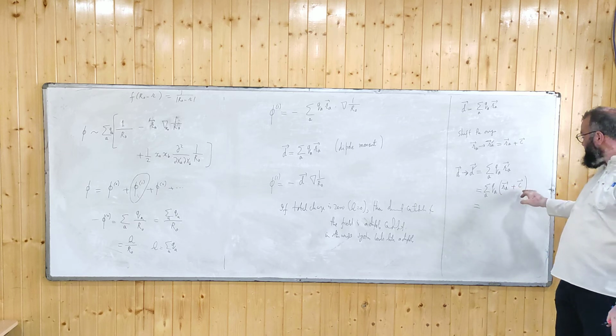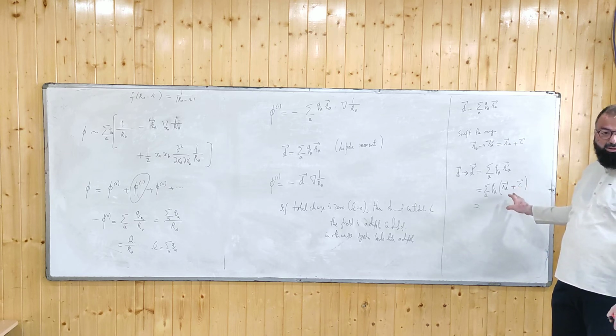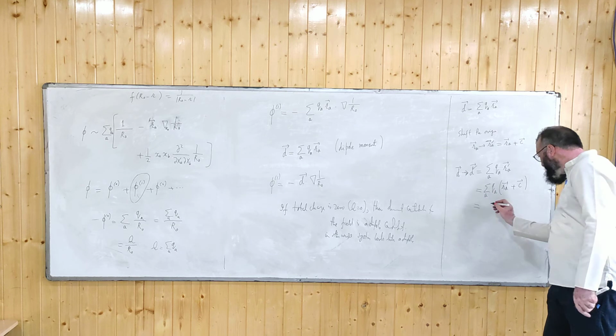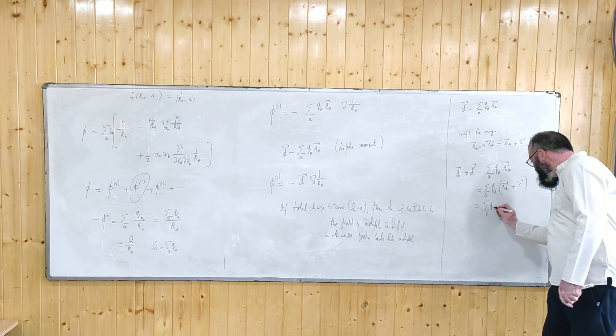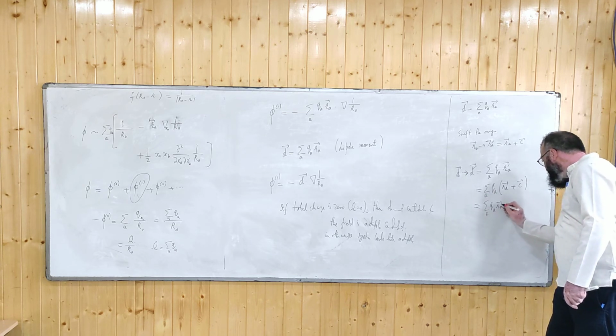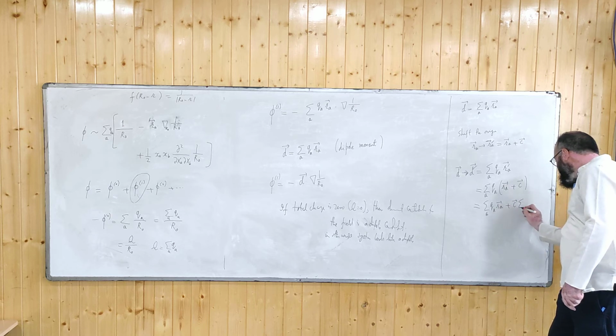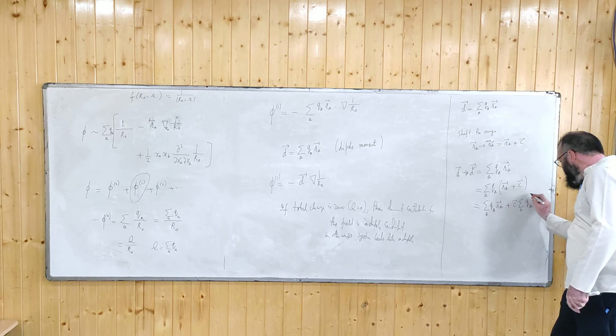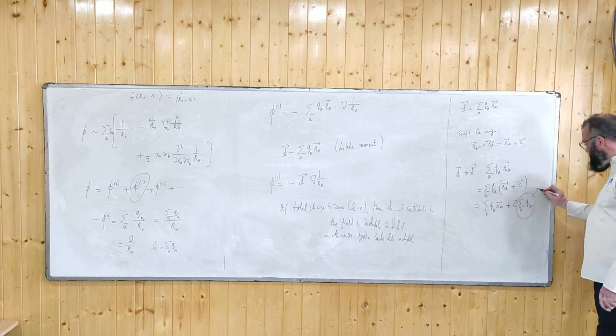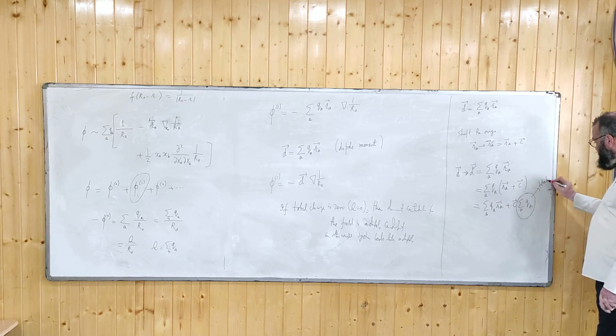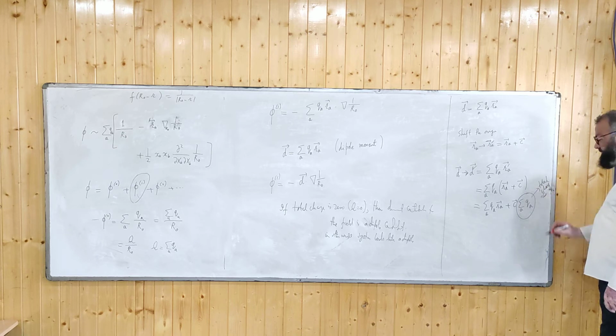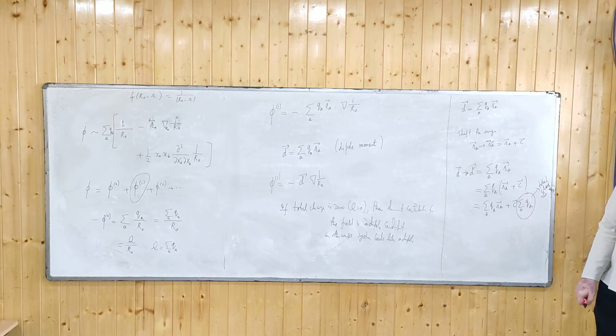So it is the summation of Q_A R_A plus C times the sum over A of Q_A. What is this object? It is the total charge. Let's call that Q.